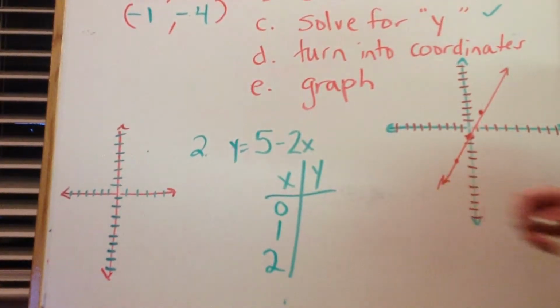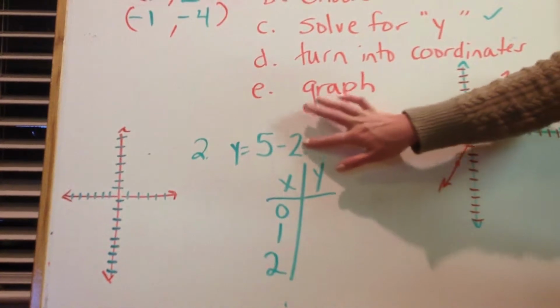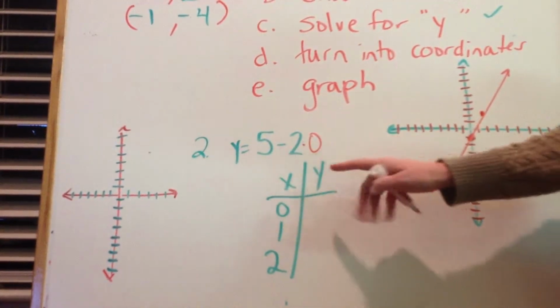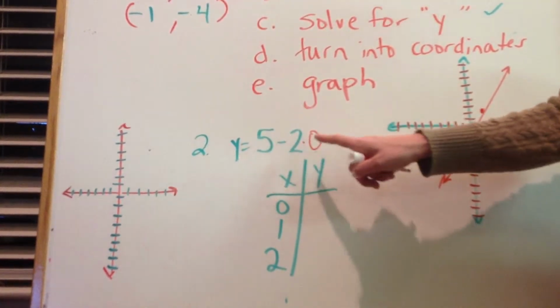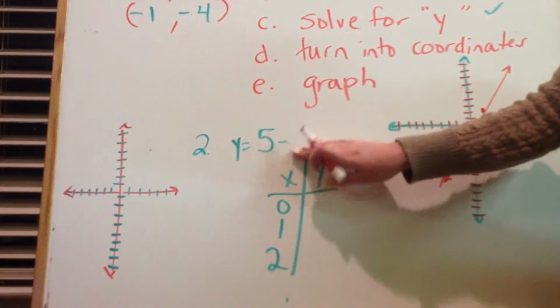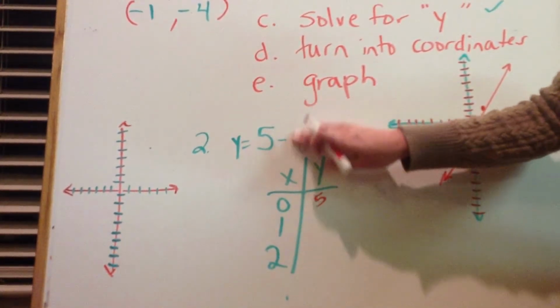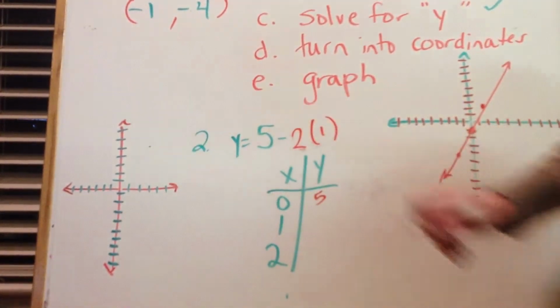And now we solve for y, so I'm going to replace my x with 0. So this is not a 20, this is a multiplying 0, so we're going to multiply first. Negative 2 times 0 is 0. And 5 minus 0 is 5. And now I'm going to replace it with a multiplying 1.